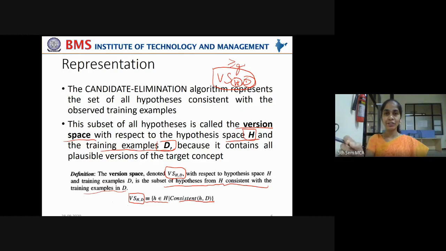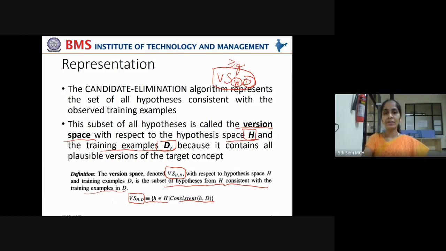This entire definition is given in a single line. I'll read this line once again. Version space with respect to hypothesis space H and training examples D is defined as all hypotheses belonging to the hypothesis space H such that H is consistent with D.